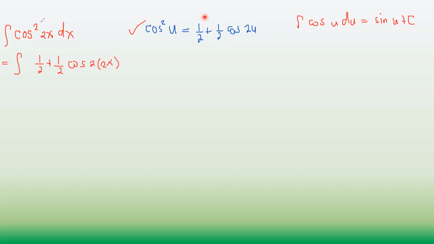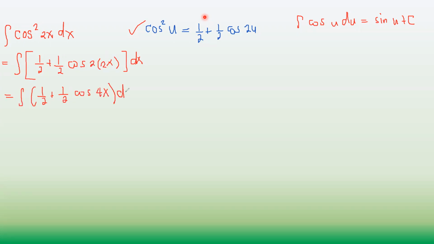This is cosine squared u. So magiging 1 half plus 1 half cosine 2u. And then dx. Simplifying, we will have the integral of quantity 1 half plus 1 half cosine of 2 times 2x is 4x.